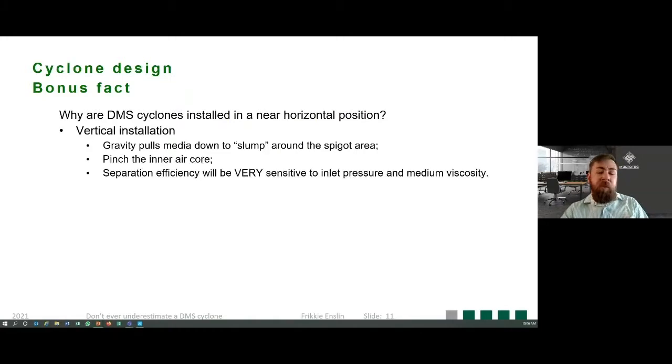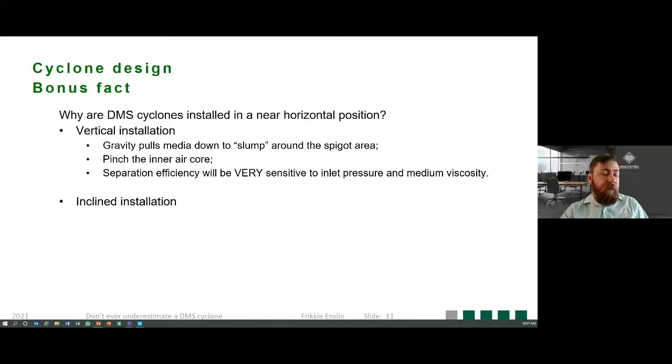And this will pull the heavy media down to your spigot and cause some sort of slumping effect around the spigot. The effect of this is that it will pinch your inner air core, which is detrimental to the efficiency of your cyclone. So separation efficiency will be very sensitive to inlet pressure and medium viscosity.